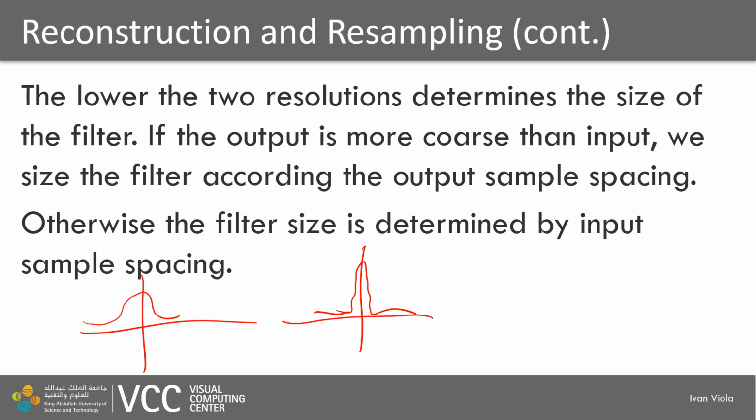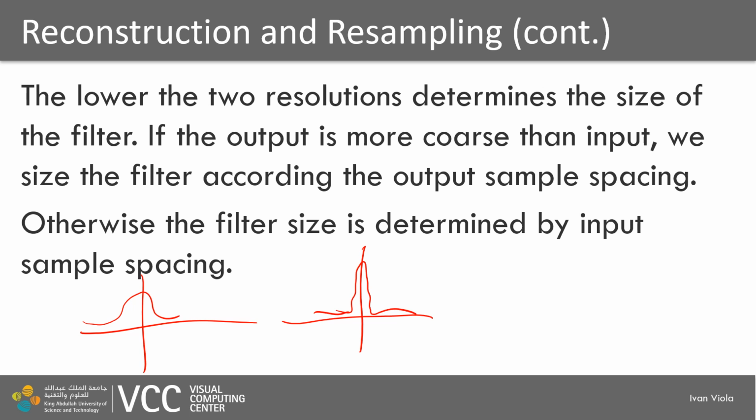So if our input resolution will be of a lower frequency sampling than the output, then we can take a corresponding reconstruction filter, which could be used then for the resampling purpose as well. So there is no additional smoothing necessary after we perform the reconstruction of this low frequency input into a continuous representation. Then we can directly sample it.